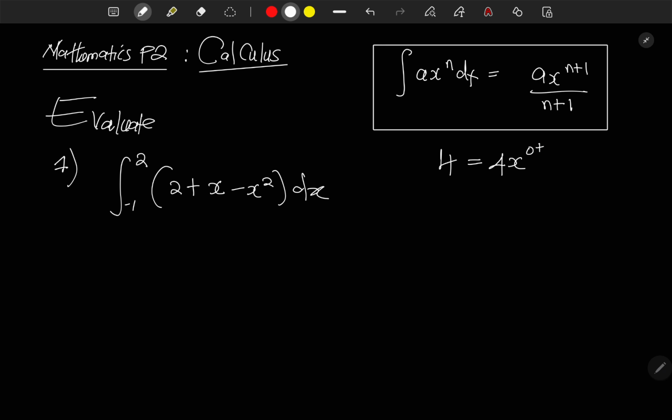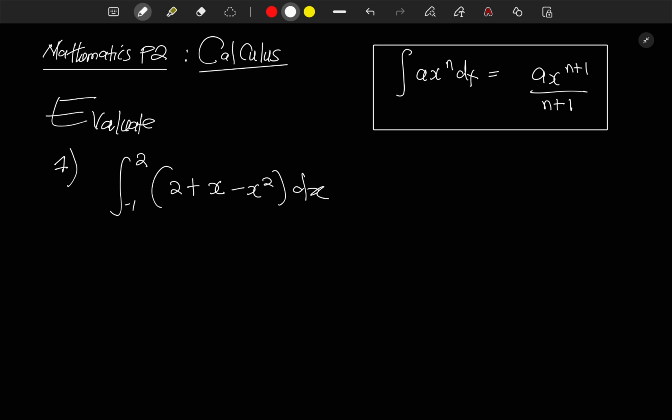If I increase the power by 1 and divide by 1, I get 4x to the power 1 over 1, which is just 4x. This is why the integration of any constant is the same number, then add the variable that you are dealing with.